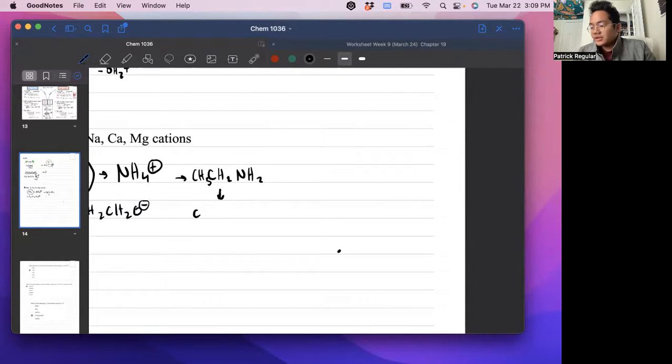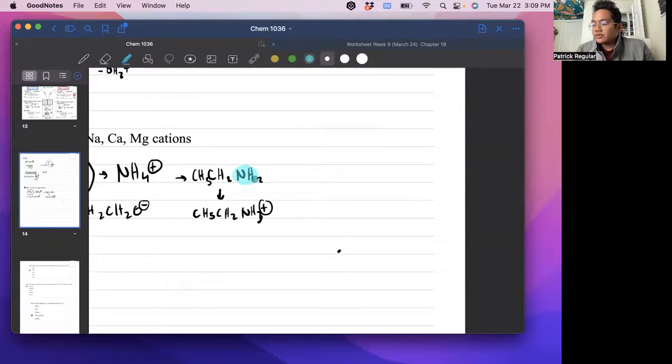And when it does, you get CH3, CH2, NH3 plus. And again, NH3 plus is your conjugate acid, it has that positive charge, hence is correlated with acids. And that's something that you should also just know and recognize.